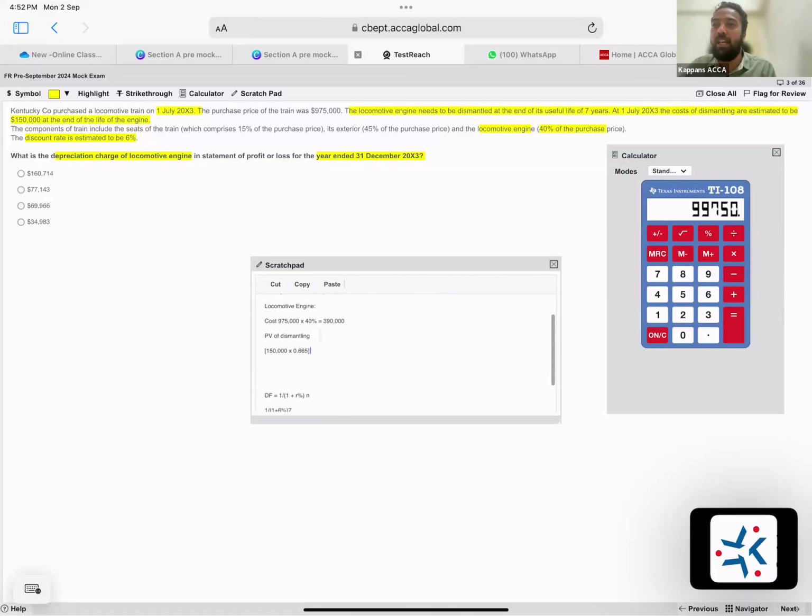So the present value of dismantling is 99,750, and this is entirely for the locomotive engine. So the total cost of the asset is 390,000 plus 99,750, cost plus present value of dismantling, 489,750.